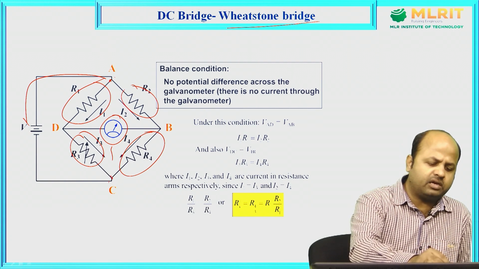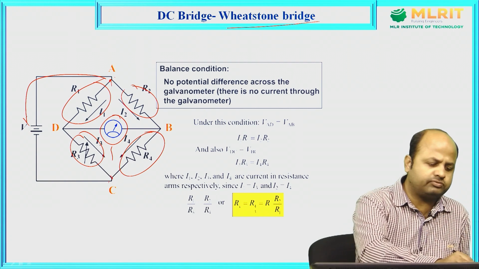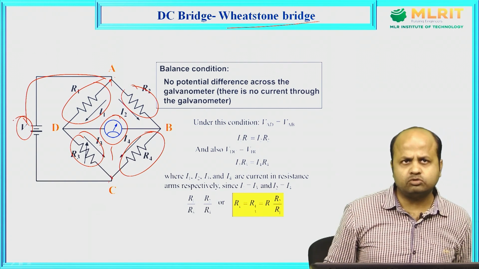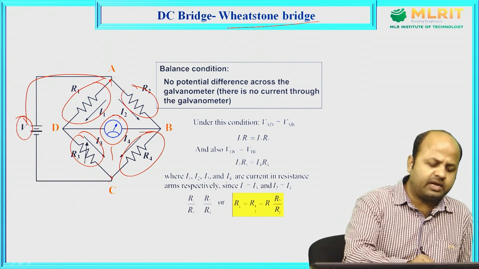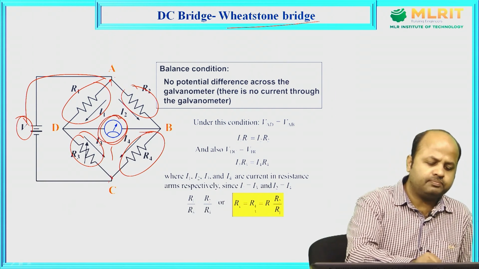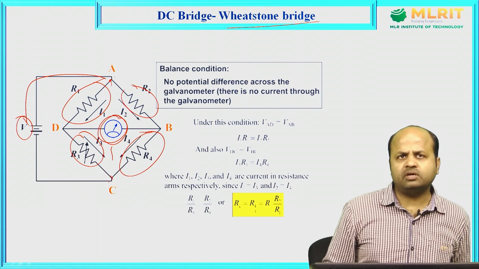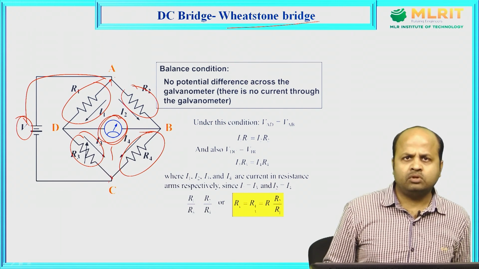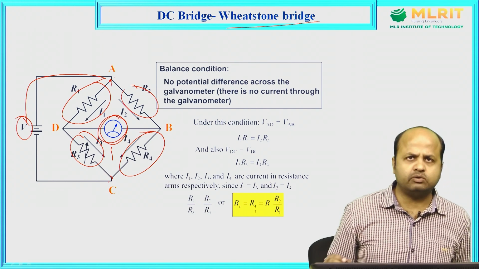In one diagonal a DC voltage source V is connected, and in the other diagonal BD a current meter or current detector is connected. Why there is a need for a current detector, we will discuss.